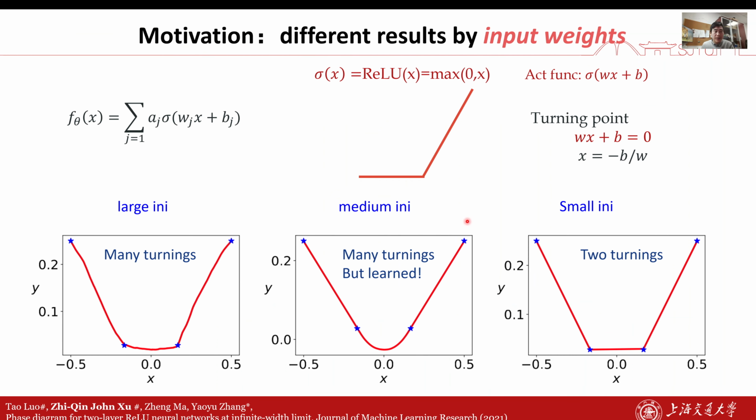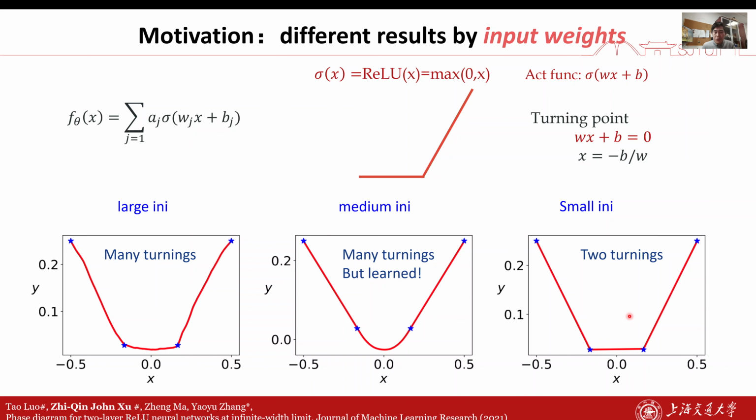Let's go back to the first example we have seen, where for different initialization scales, the neural network will use different functions to interpolate the same training data. For large-scale initialization, there are still many turnings for the activation function. For very small initialization, the turnings of the activation function will change significantly during the training.